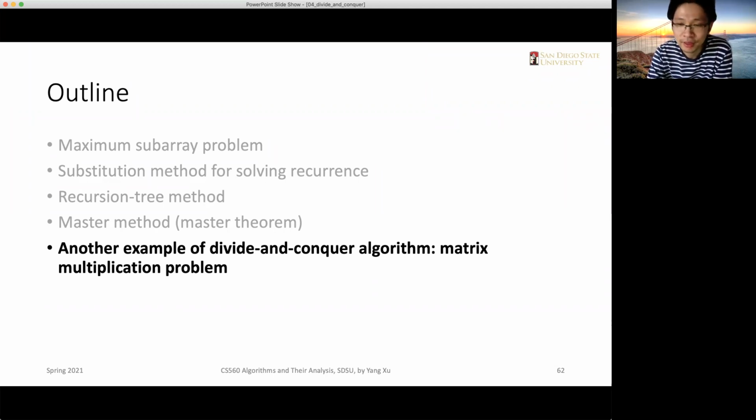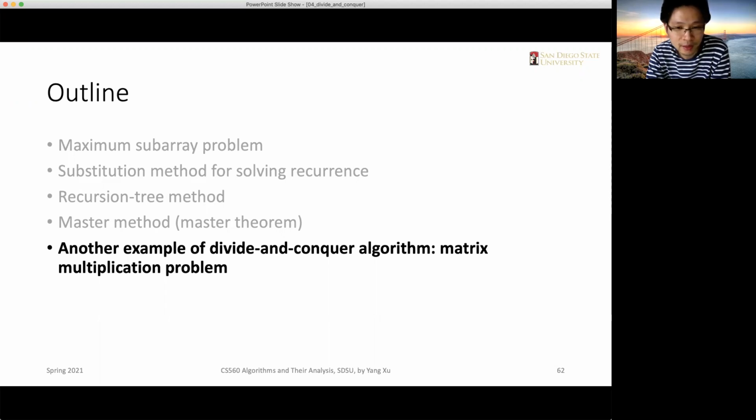Okay, so we're gonna look at another example, and I think it's a really cool example of applying the divide and conquer thought to a problem that is nowadays so often seen, and it's a very basic application to the machine learning based AI techniques that we are using basically every day. Okay, so the problem is called a matrix multiplication problem.